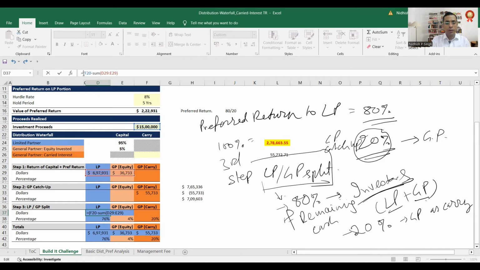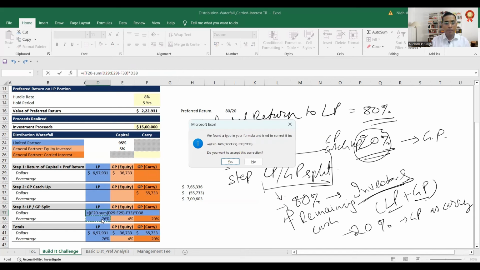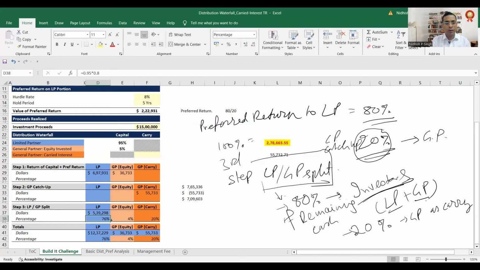Let me put a double bracket here, minus GP carry already given, minus, I think that's it, times 76%. Okay, one more bracket here. All right.